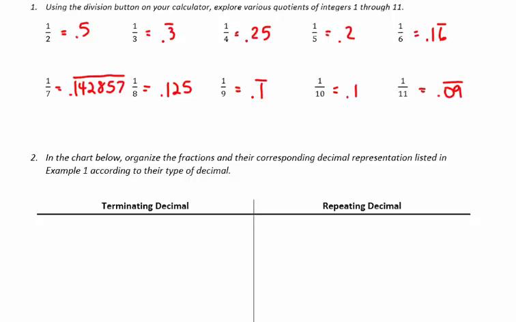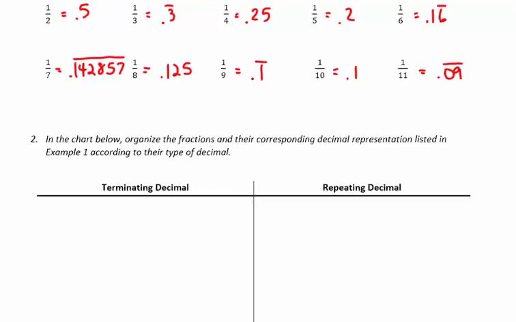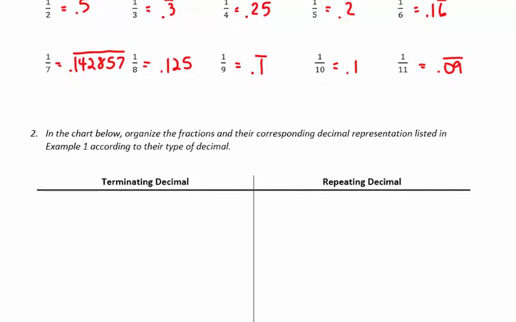Now what we're going to do is take those fractions and organize them in the chart below by whether they end or they repeat.